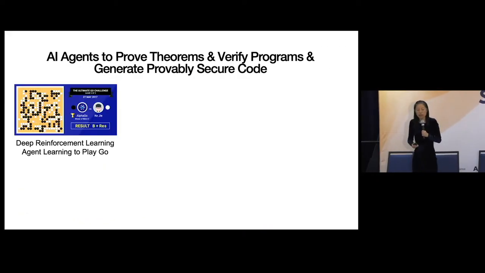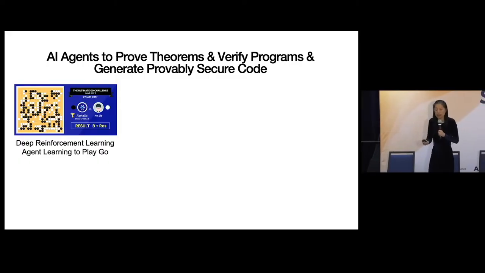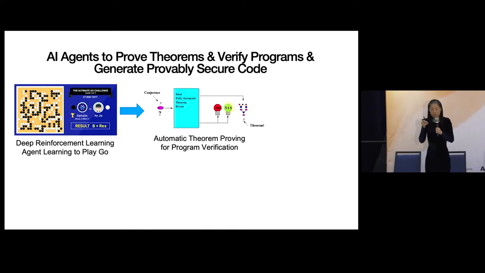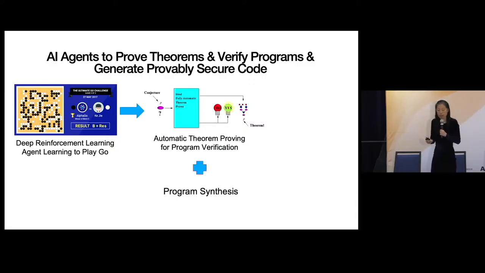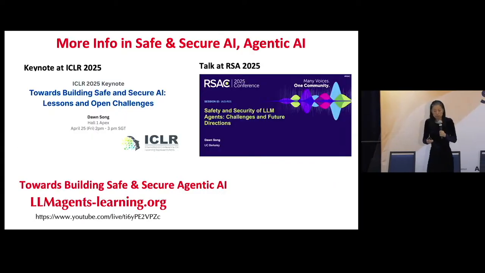And then using this approach, we hope that we can develop agents. Instead of just playing games like Go, we can develop proof agents that can automate theorem proving for program verification. And when used in conjunction with program synthesis, we can automatically generate not just code, like today, but provably secure code.